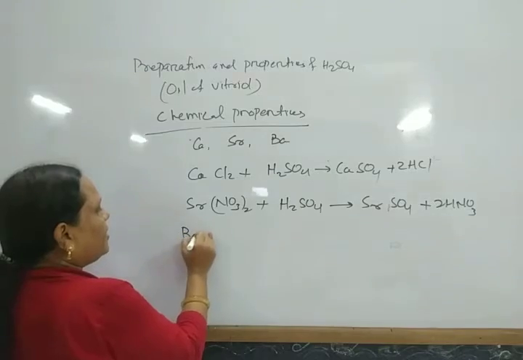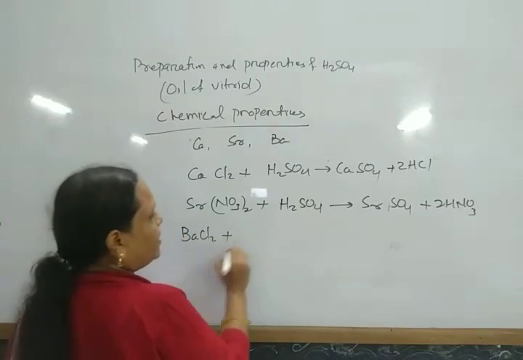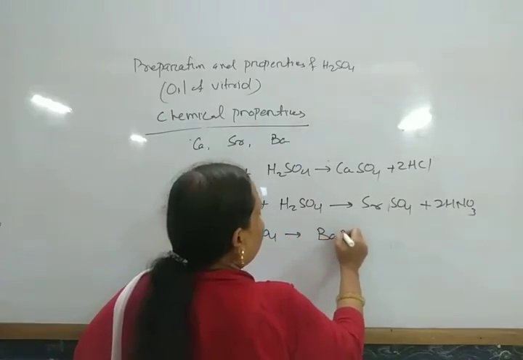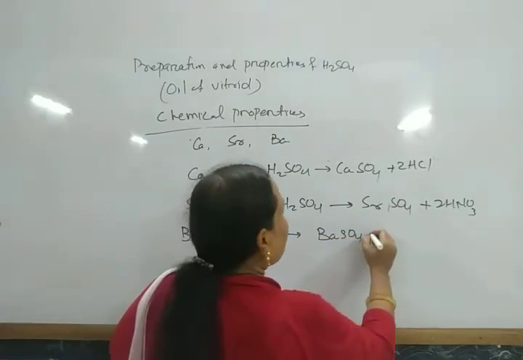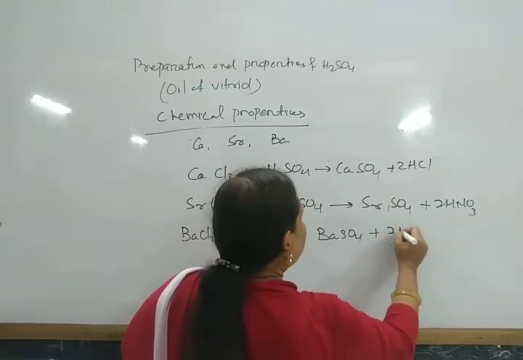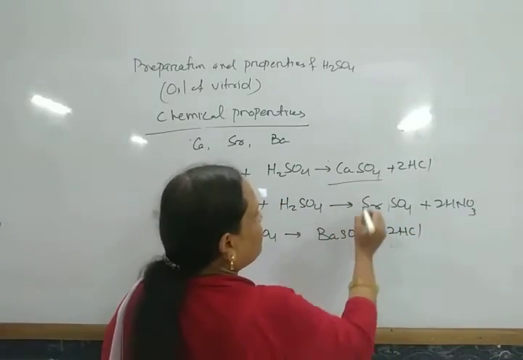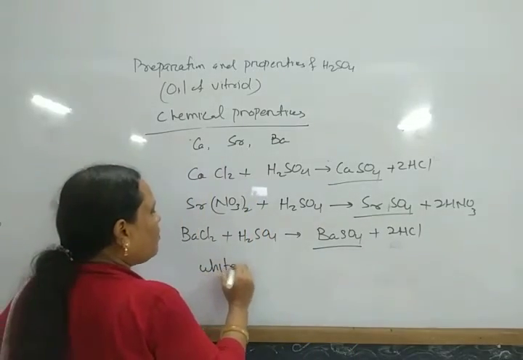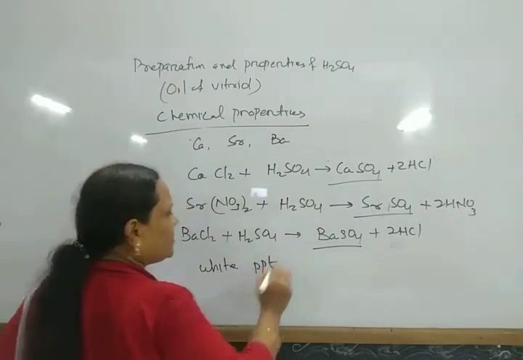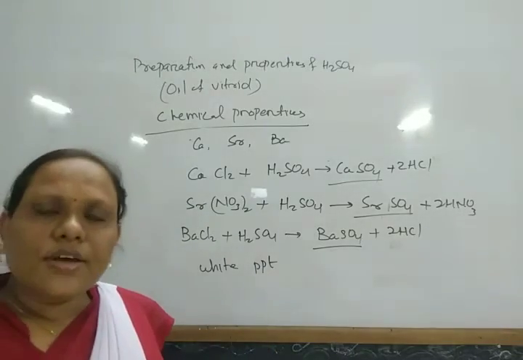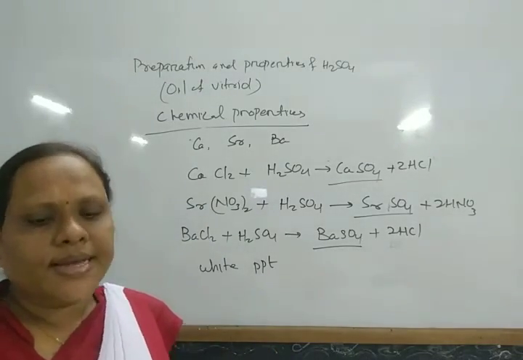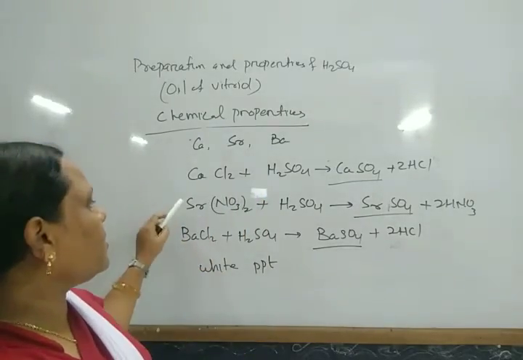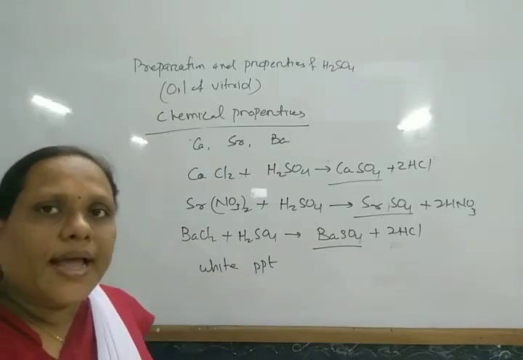Similarly, barium chloride solution with sulfuric acid forms a white precipitate of barium sulfate and 2HCl. Calcium sulfate, strontium sulfate and barium sulfate are all white precipitates, and these are also insoluble in hydrochloric acid. In this way, sulfuric acid reacts with soluble salts of calcium, strontium and barium.